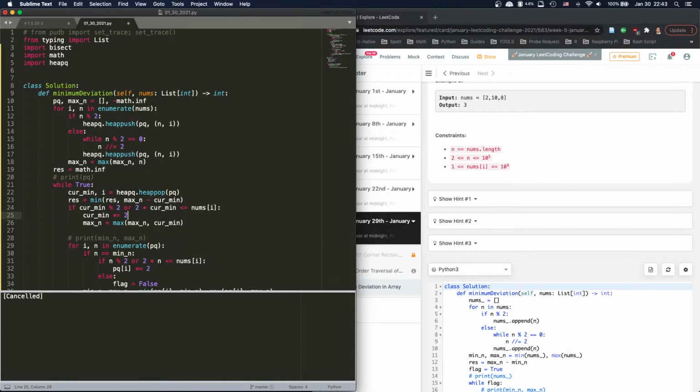Alright, upgrade for this 1 times 2, and then when do we update the max n? The current min times 2, we push it in, right? If we cannot, then the max n thing. Right.